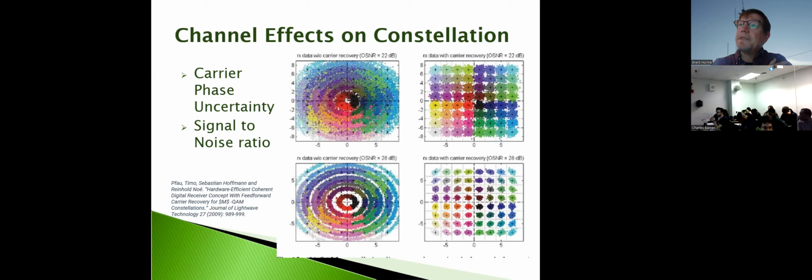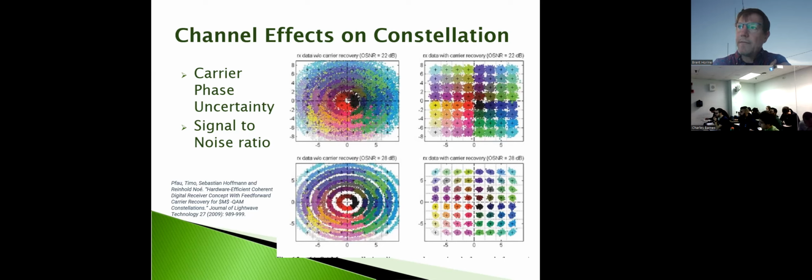So the phase then is rotated, and the way we get these constellation plots is that we record the reception of many different symbols that are transmitted, right? These aren't transmitted all at the same time. This is a cumulative record of the symbols that have been transmitted over a period of time.